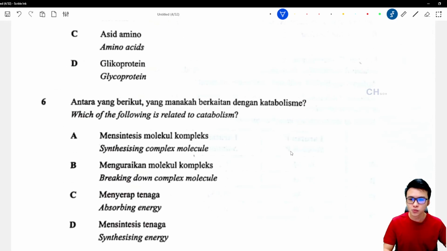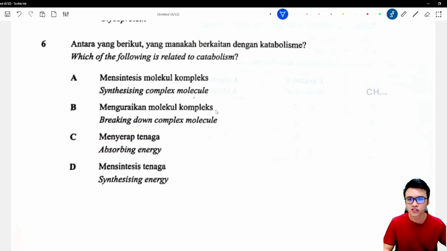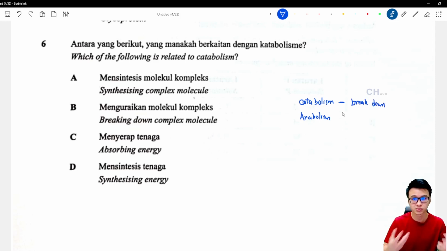Okay, so let's continue. Question 6. Which of the following is related to catabolism? Catabolism and anabolism, right? Catabolism is a process that breaks down complex substances.